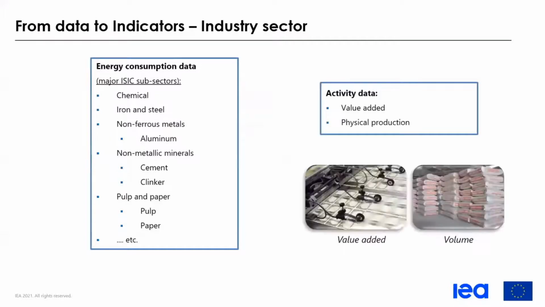And when it comes to activity data, we focus on the value added created by a given subsector. But for certain energy-intensive and homogeneous industries like paper and iron and steel, we can collect also the data on the physical production, such as the tons of steel produced.